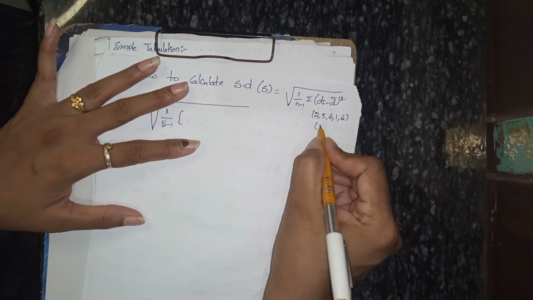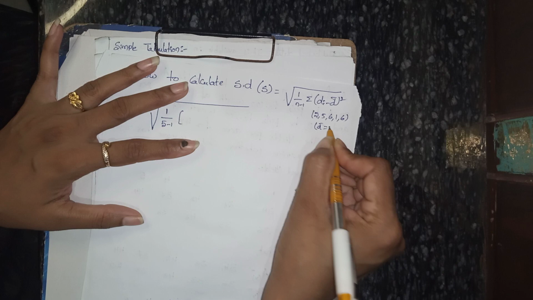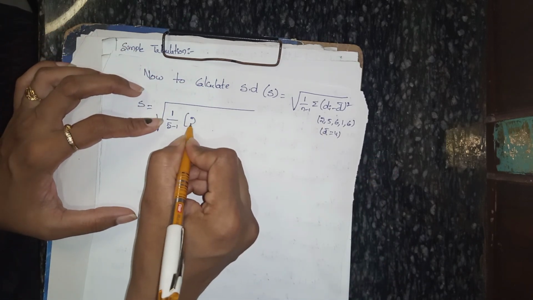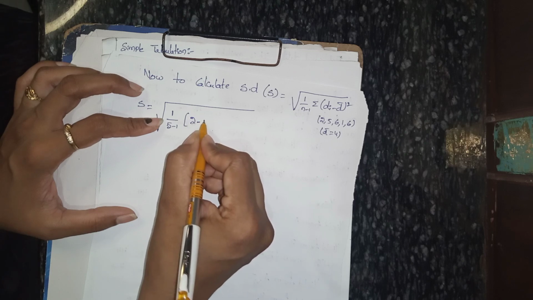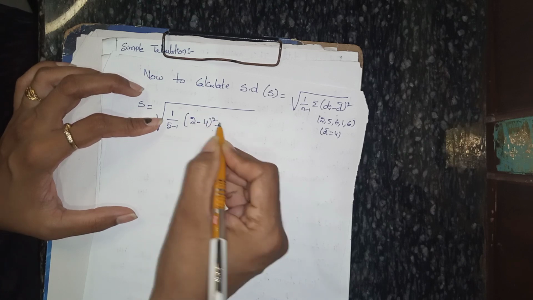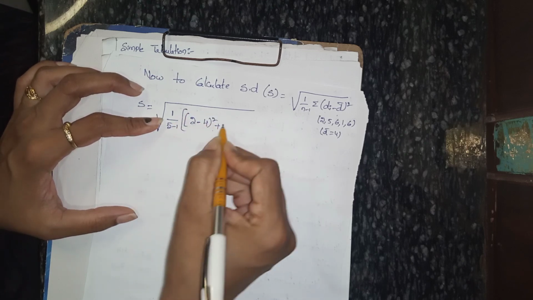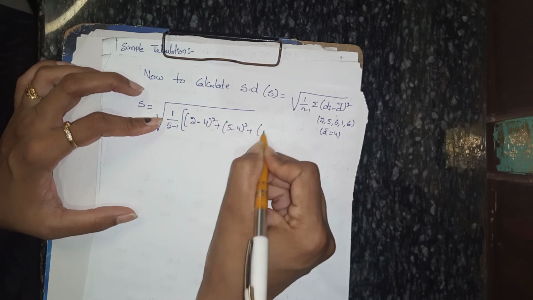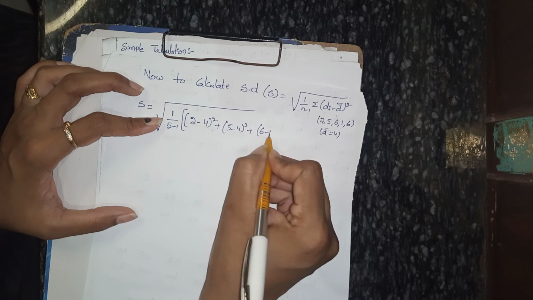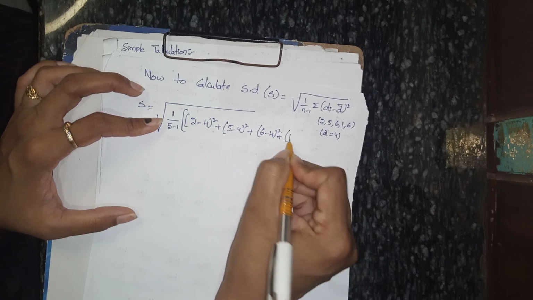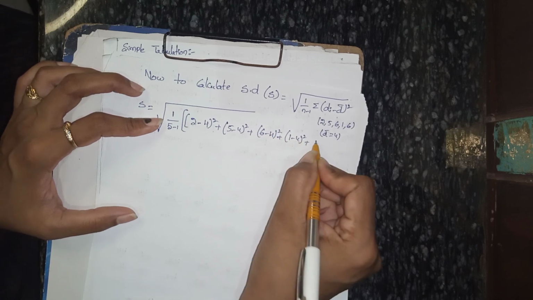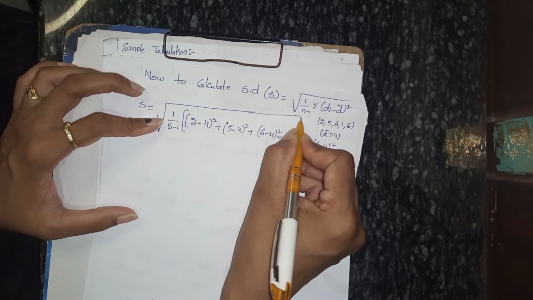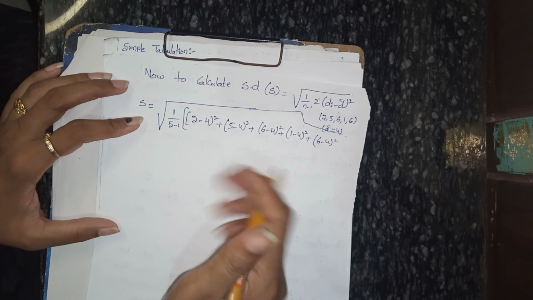So the first one: 2 minus 4 whole square plus 5 minus 4 whole square plus 6 minus 4 whole square plus 1 minus 4 whole square plus 6 minus 4 whole square. This we have to calculate.